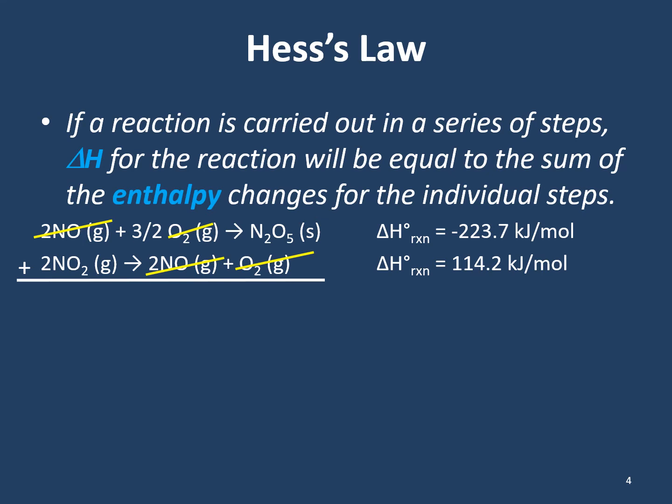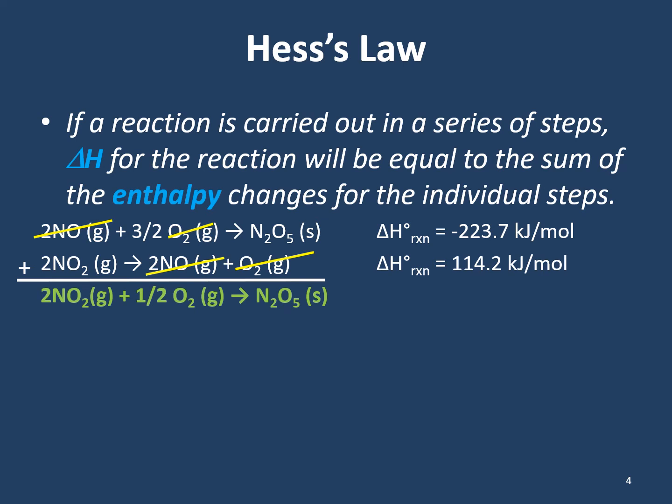Now the O2, there's going to be some left over because we had 3 halves of an O2 on the reactant side of the first reaction and only 1 O2 on the product side of the second reaction. So we end up with two NO2s react with 1/2 of an O2 to give me N2O5.